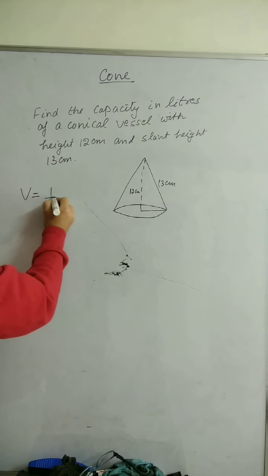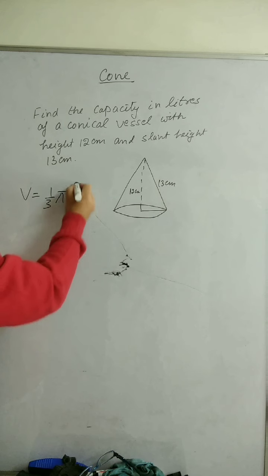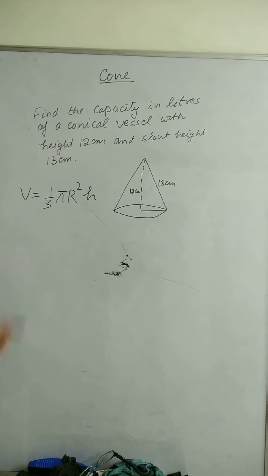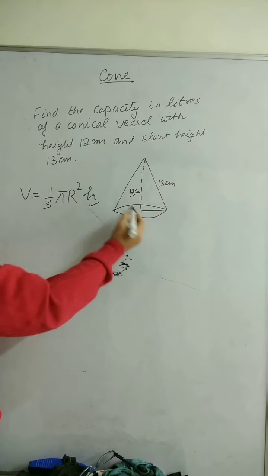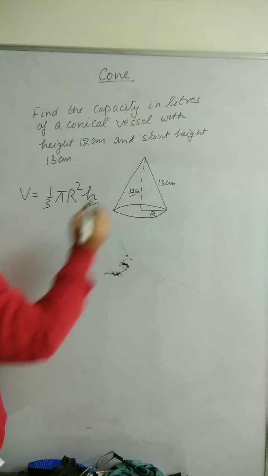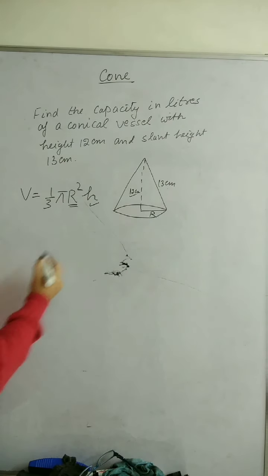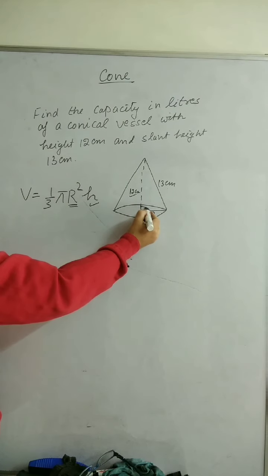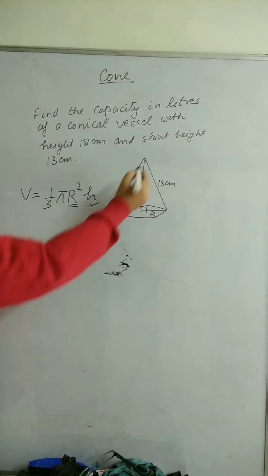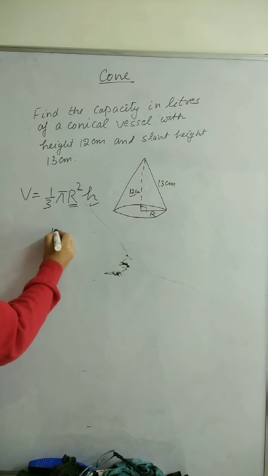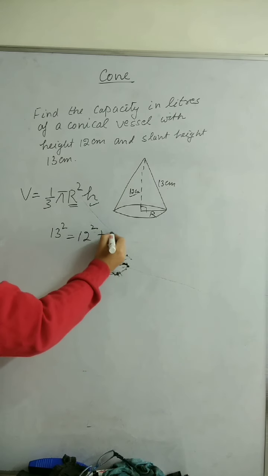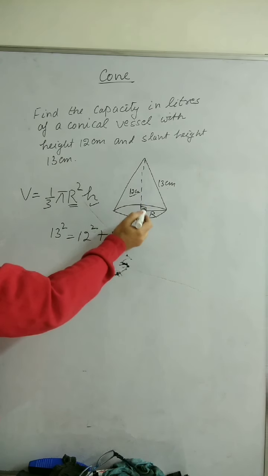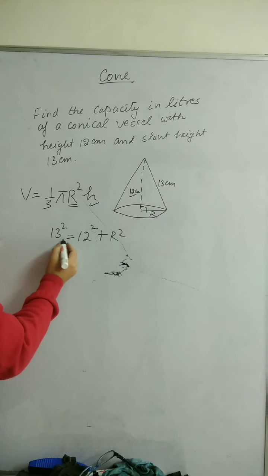So volume is 1 upon 3 pi r square h. This will give you the volume of it, which is called capacity also. Now h is given, you don't know r, and L is given. The first thing is to find r. Now apply Pythagoras theorem, this is a right angle triangle. 13 square equals 12 square plus r square, since the sum of the squares of these two sides equals the square of the hypotenuse.